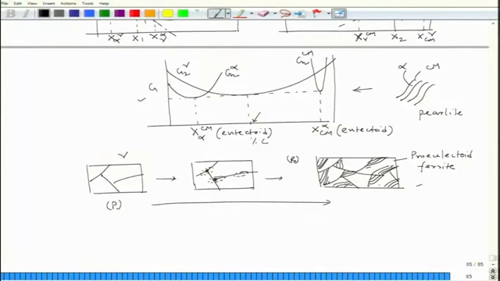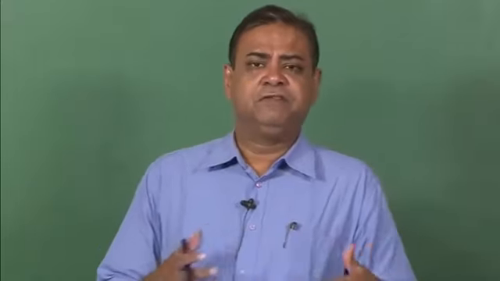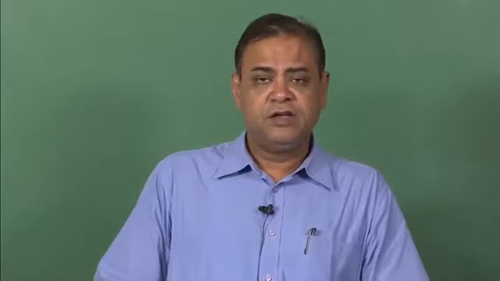Now, this microstructure can appear if I do a very slow cooling, and one process of very slow cooling is you keep the sample in a furnace and turn off the furnace, and do not open the door, the furnace would gradually reduce its temperature and the sample would get annealed, we call it annealing.